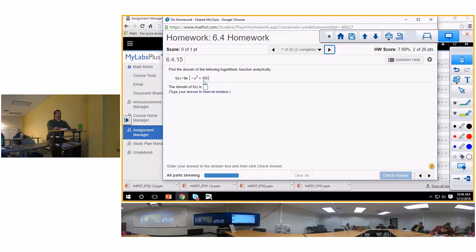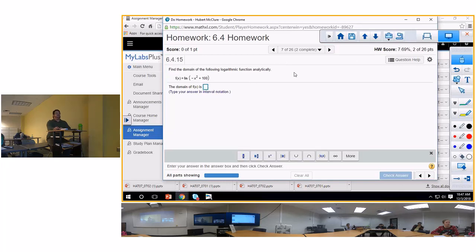X squared plus 100, that's doable. Set it equal to 0. Again, that's going to be negative x squared is equal to negative 100, which is x squared is equal to 100. And you can't take the natural log of a negative number, so the only answer is what? 10 and above. Because you can't take the square root of a negative 10. So it's got to be 10 or above. So that would be parentheses 10, comma, what?